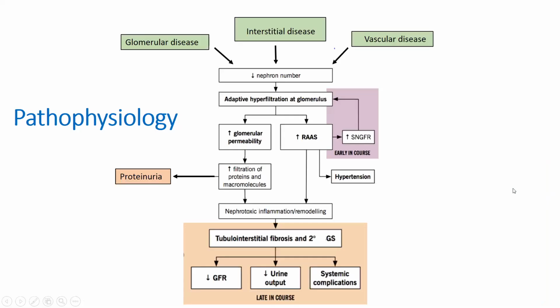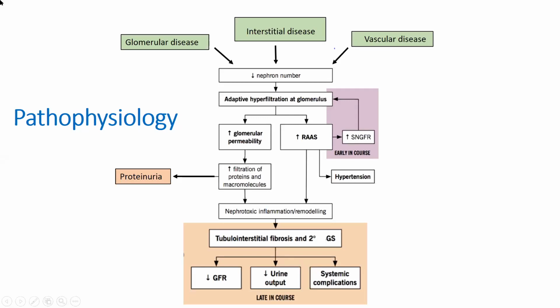So basically, whatever the system that's affected, you can remember yesterday I mentioned that each of these compartments are interconnected. The glomerulus, the tubules, interstitium, vascular, all are interconnected. Whatever the compartment that is affected, at the end of the day the whole kidney starts getting affected.